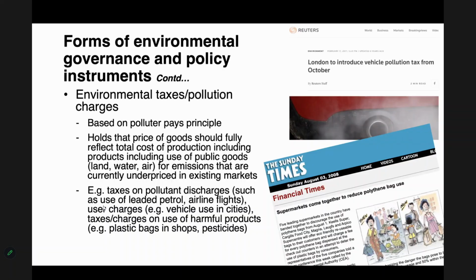So you have to pay 5 rupees a piece or something if you want to use a plastic bag, or they give you a small discount if you bring your own reusable bag. A common instrument used for implementing these practices.